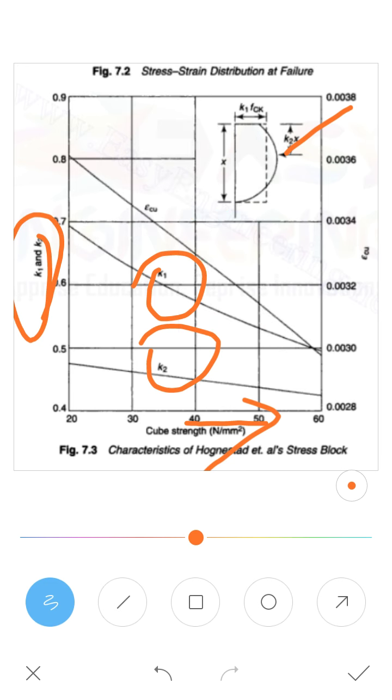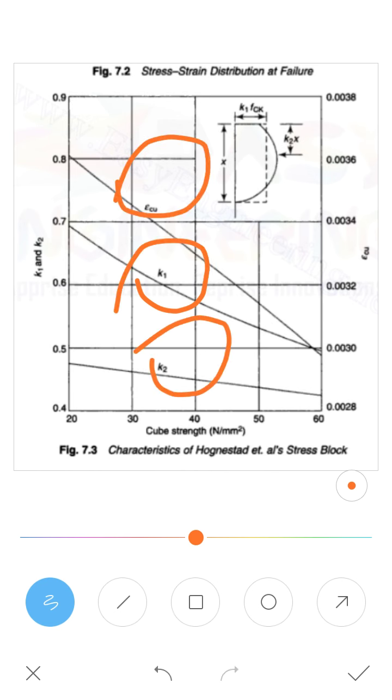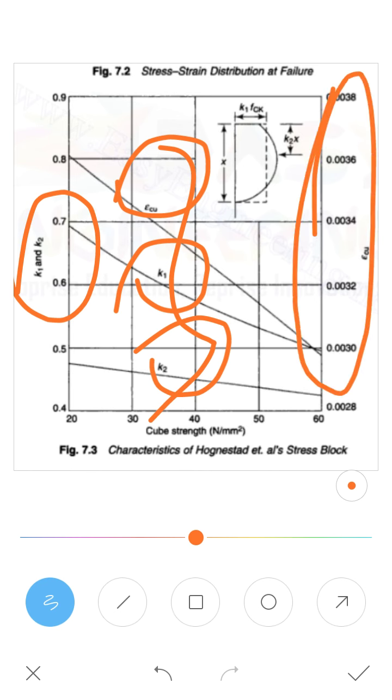Like that, the values of K1 and K2 will be taken with respect to epsilon cu. These three values will be taken. Here the y-axis is taken as K1 and K2, the characteristic ratios, and here it will be epsilon cu, the characteristic strain due to the compressive stress.